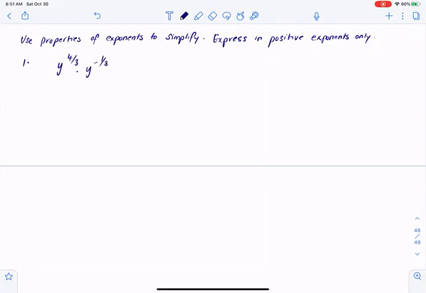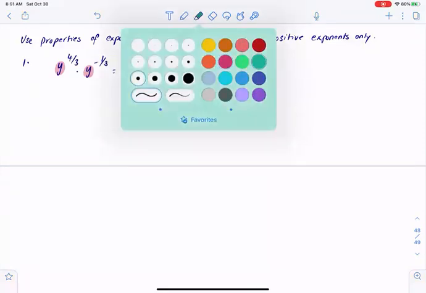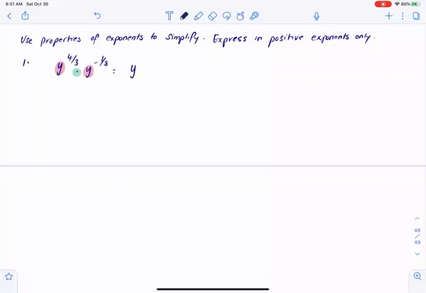So we know from the properties of exponents that if the bases are identical, which in this case they are the same, we can put the common base. And since we see a product here, we add the powers.